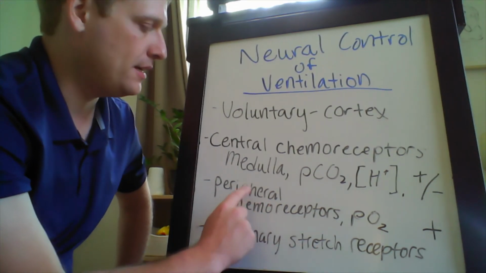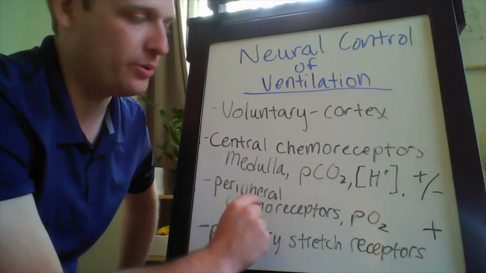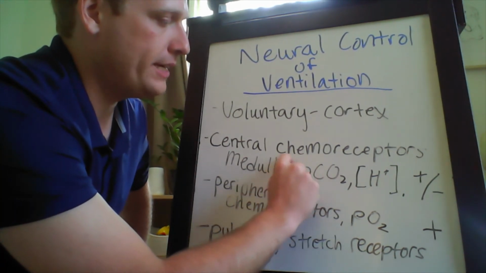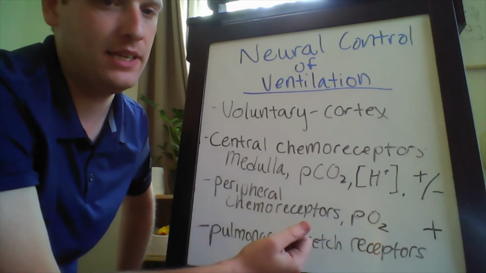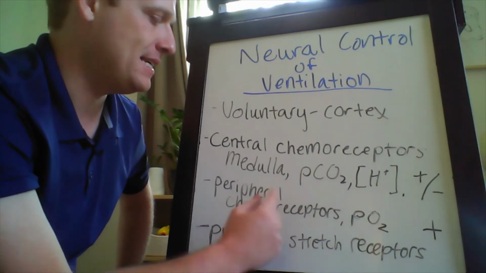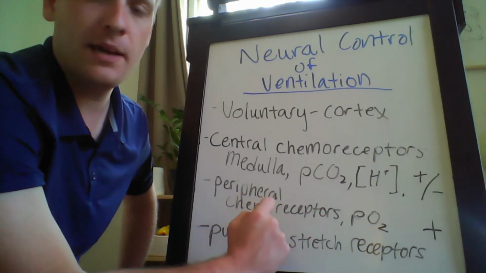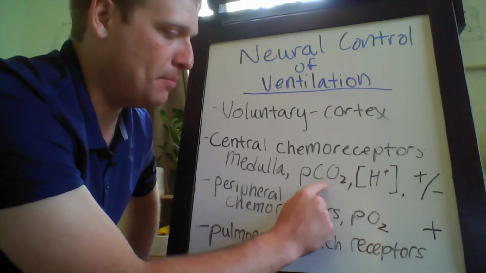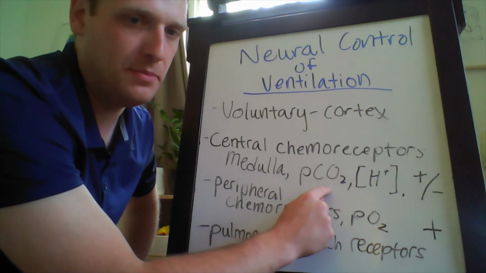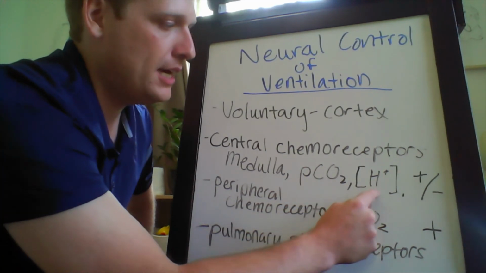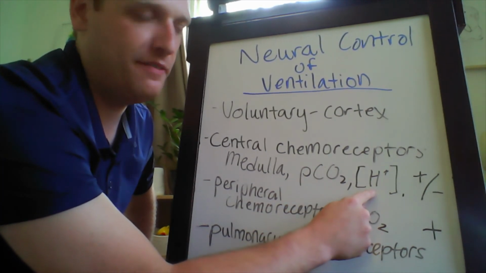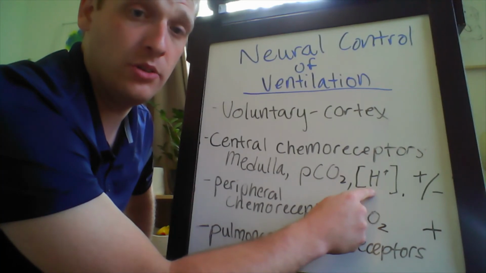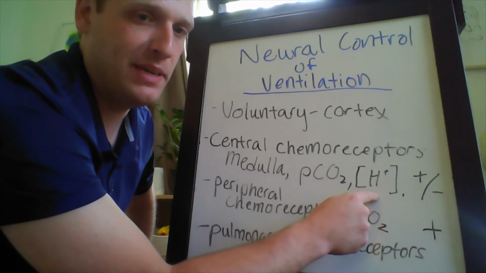But what's happening here with the central chemoreceptors? So chemo means there's some chemical that's being measured by cells in the medulla. And the chemicals that we're talking about here are carbon dioxide. So the partial pressure of carbon dioxide is being measured by the medulla, and the concentration of hydrogen ions. Basically, the medulla oblongata is measuring pH.